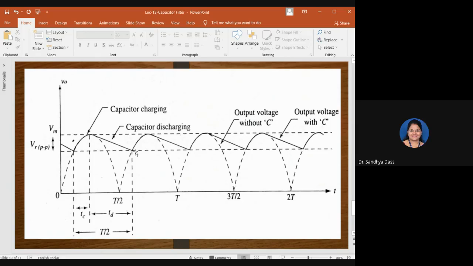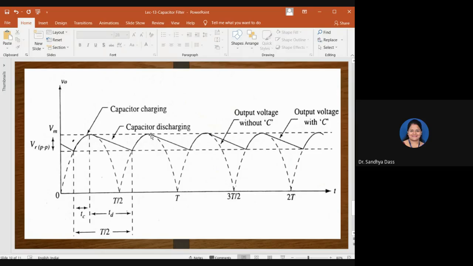In the negative cycle, D2 will be conducting. Observe here, when D2 is conducting, the input is slightly more than the voltage across the capacitor. D2 completes the path, allowing the capacitor to again charge to the next Vm value, right?